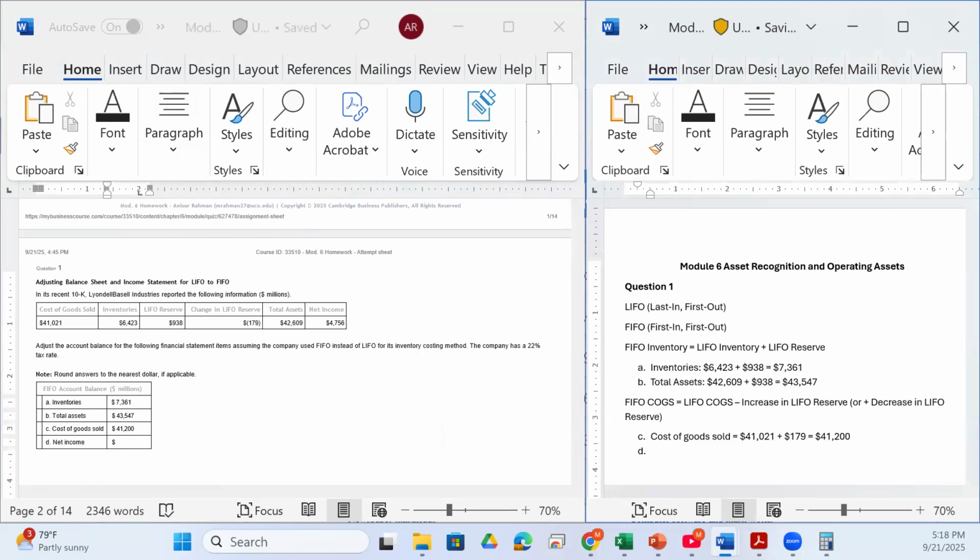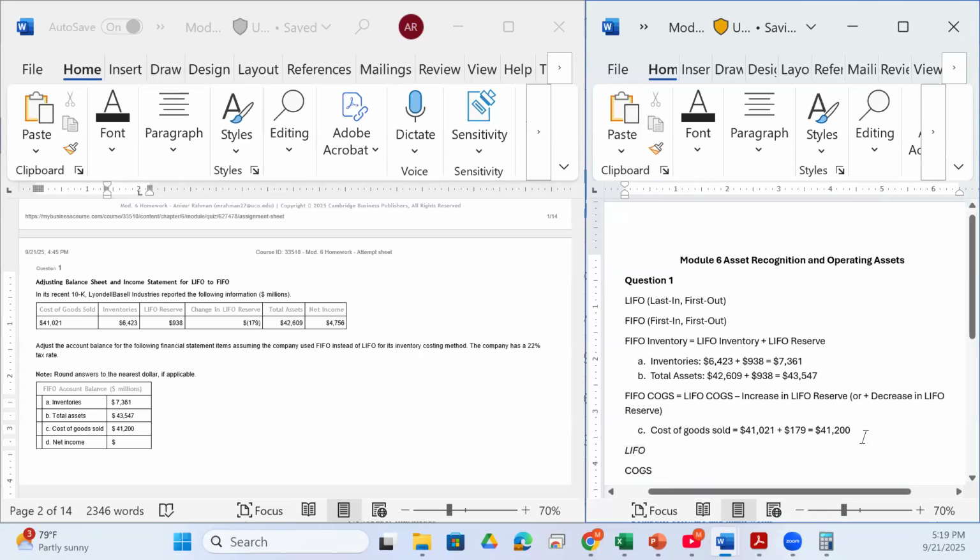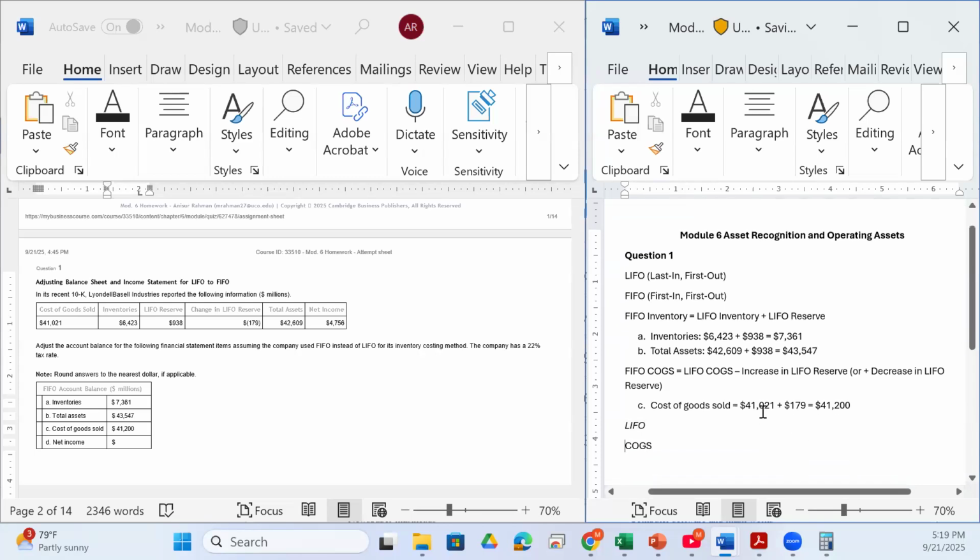Now for net income, so our cost of goods sold was underreported, right? Under LIFO, cost of goods sold decreased, right? Decrease in cost of goods sold.